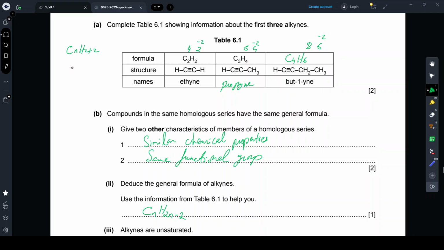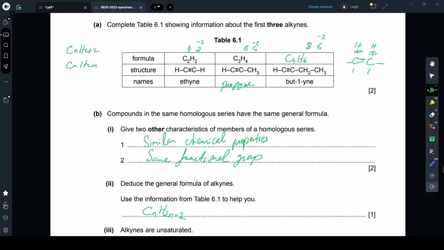Then alkenes have a double bond, so each carbon loses one of its single bonds to make a bond over here, and that was potentially two hydrogens. So you're losing two hydrogens, and now it's just CnH2n.